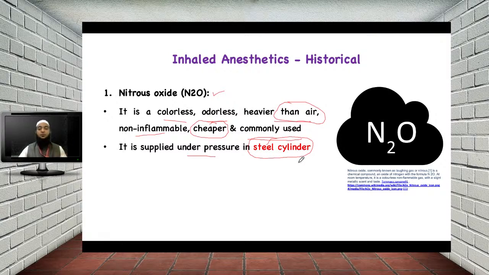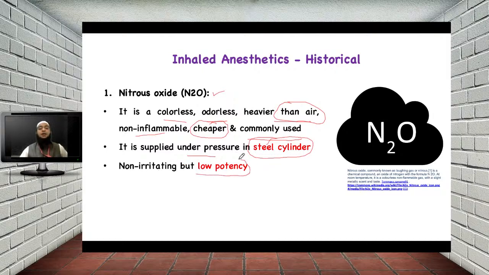You have studied that part in the pharmacokinetics of general anesthetics. So it is supplied under pressure in a steel cylinder so that appropriate partial pressure can be maintained. In addition, it is non-irritating, so it does not produce irritation to the patient. That is one of the ideal properties an anesthetic agent should have. But the problem is that it has low potency.